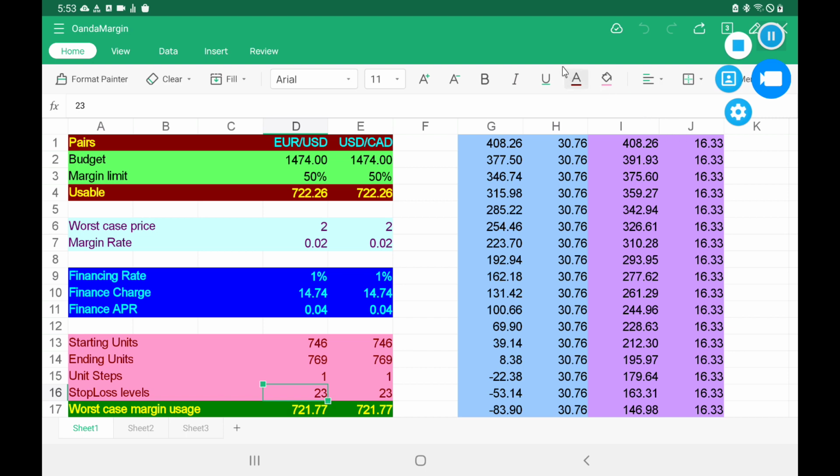You might want more or less based upon your budget. But the thing you want to be aware of, if you are having too many stop losses, then you don't have enough levels to handle basic market fluctuation. Too many levels and you're paying unnecessary finance charges. So trying to find that happy medium is kind of trial and error.